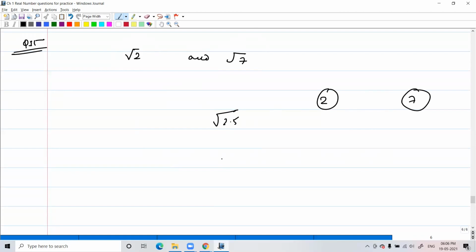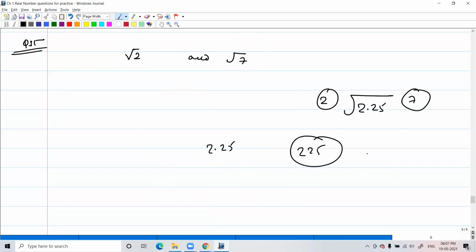We get the square root of 2.5, and this becomes 25 by 10, so we get 5 by root 10. I still get a square root of 10 in the denominator. So I do not want a number with only one digit in the decimal place. I want two digits in the decimal place. So think of a number like 2.25. Can you think like that? If I take 2.25, what is the square root of 225? Do you people remember?